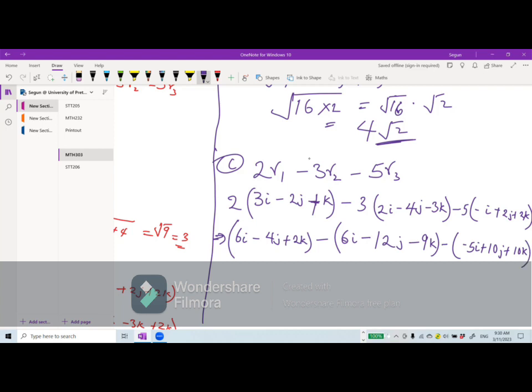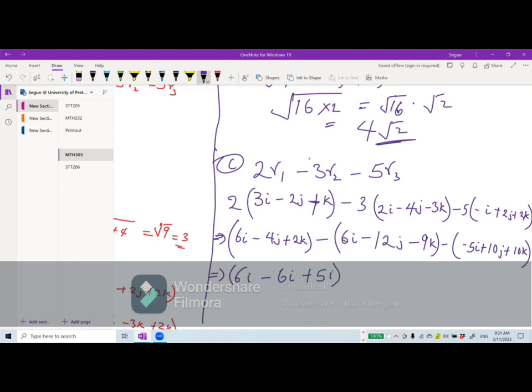So all I need is to use the same component by component idea. I have 6i here, then I have another negative 6i. When I open the bracket or distribute the negative over this, then I have positive 5i.